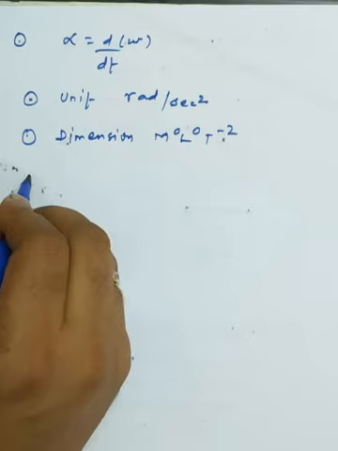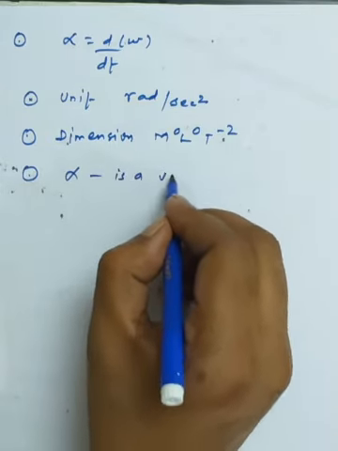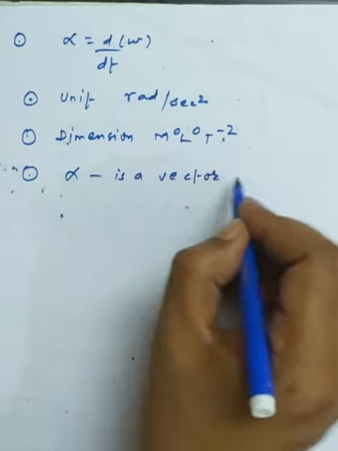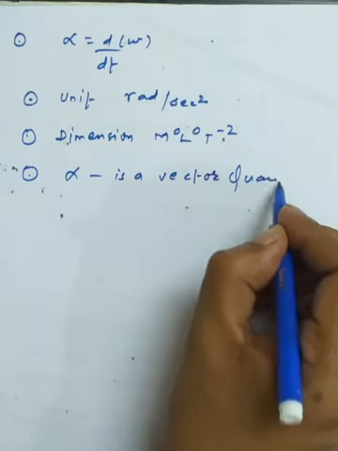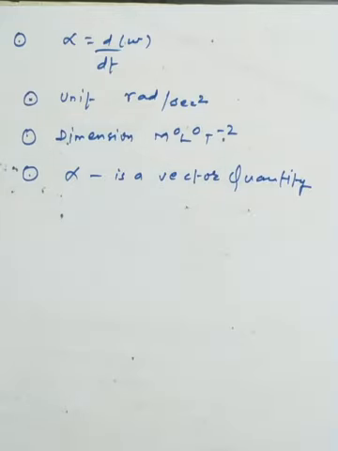Okay. Now next, alpha is a vector quantity. In linear motion, whenever there is a change in velocity, we have the meaning of the acceleration. So definitely acceleration will be along the direction of the velocity.